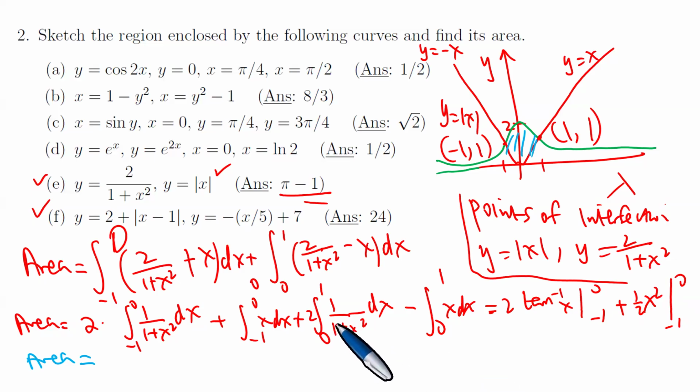And then you come to the same thing for this one: it becomes 2 arctan x from 0 to 1 minus 1/2 x squared from 0 to 1.